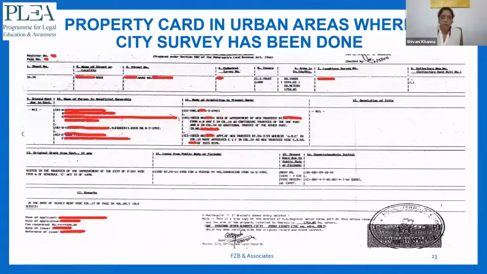When Bombay in 1800 was affected by plague, the colonial system at that point of time had formulated this trust, and there were several lands vested in this trust for the purposes of upliftment of Bombay, which now, after the trust has dissolved, it is BMC which has come into place instead of the City of Bombay Improvement Trust. The details of the lease deed are mentioned in column 14.